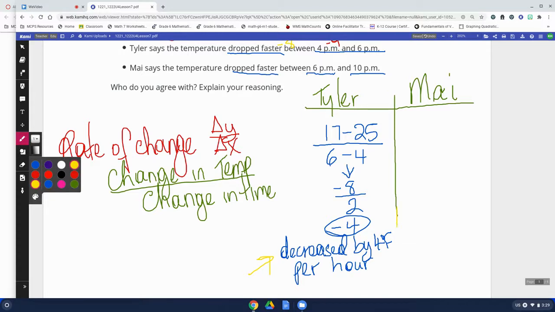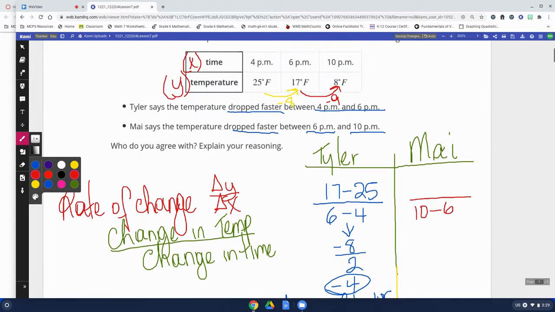Now let's look at the time interval for Mai. That was between 6 and 10. At 10 o'clock, the temperature was 8, and at 6, it was 17.